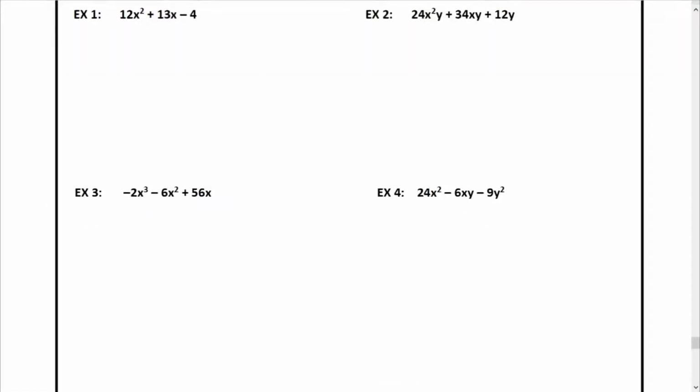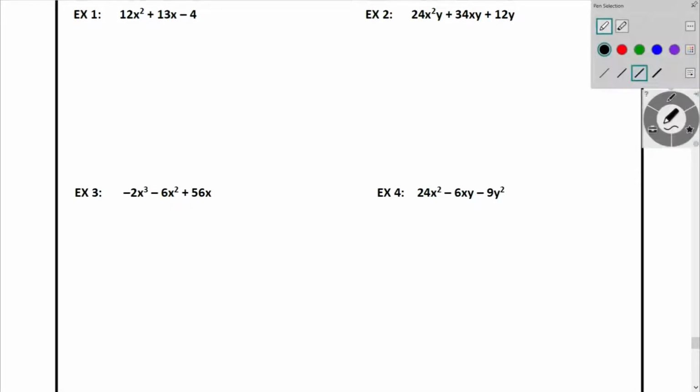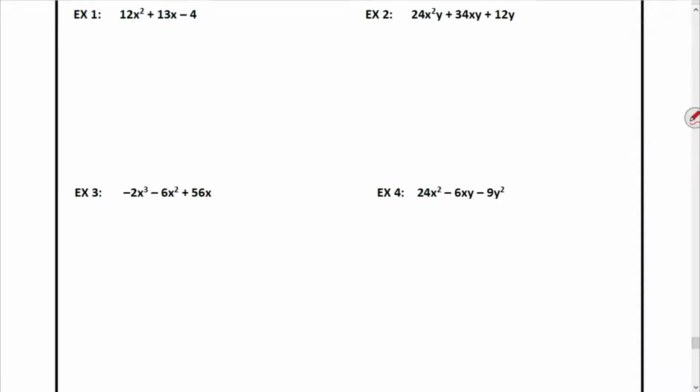In example 1, we're trying to factor 12x squared plus 13x minus 4. First of all, is there a GCF? No, there's not, because 13 is prime. Is it a three-term quadratic? Yes, it is. Does A equal 1?